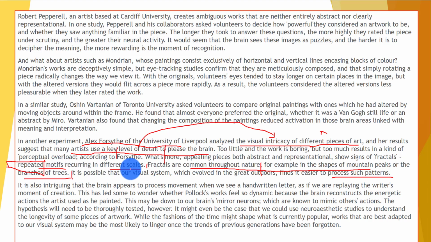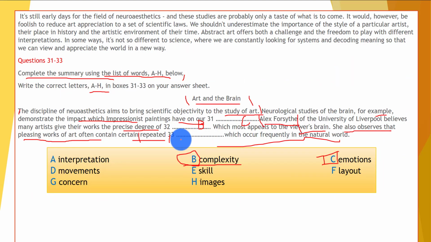Recurring in different scales, and these different scales are, for example, in the shapes of mountain peaks or the branches of trees. Okay, so in the shapes of mountain peaks or branches of trees could be paraphrased with repeated images.